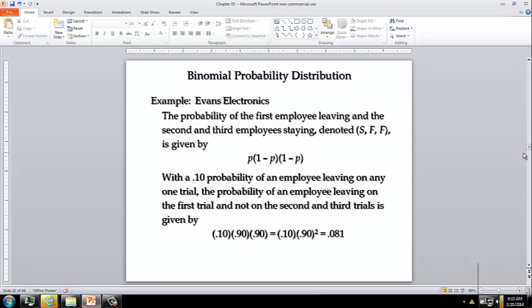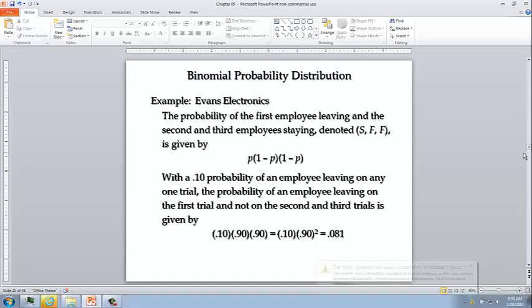Denote the probability of leaving as p. Hence, basically we are saying that leaving is success. And remember that there's a 10% probability or a 0.1 probability that an employee will leave. Hence, we can consider this outcome, for instance, 1 employee leaving and the 2 staying. Hence, 1 success and 2 failures.